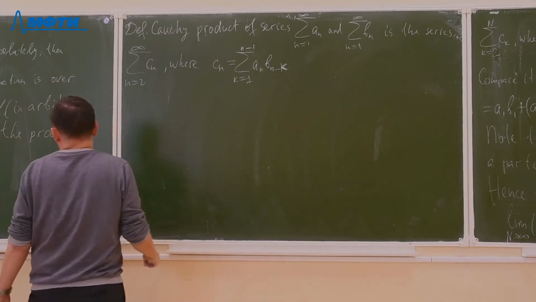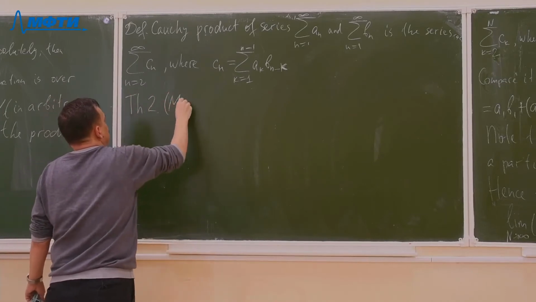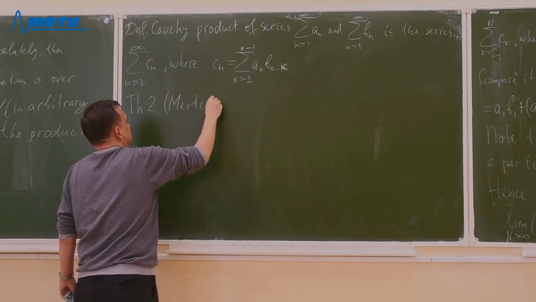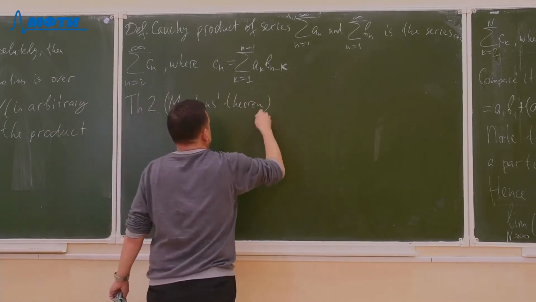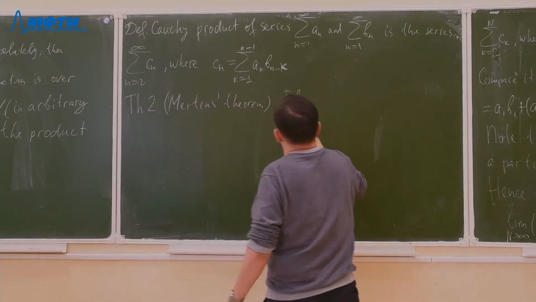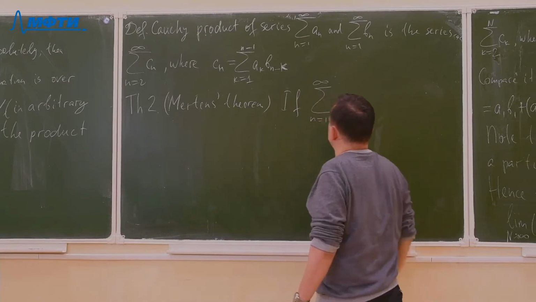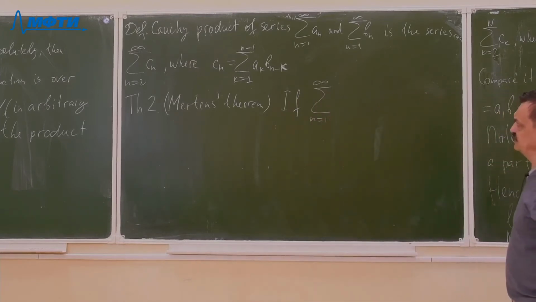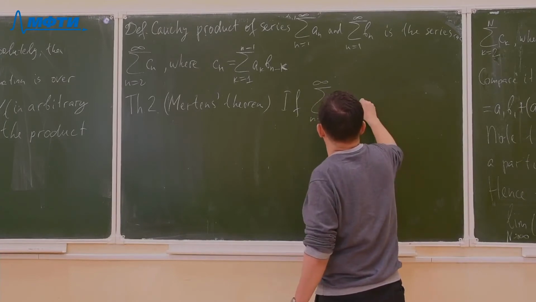And now theorem 2, Merten's theorem. If, okay, for the sake of simplicity, I'll choose from the beginning one series to be convergent absolutely.